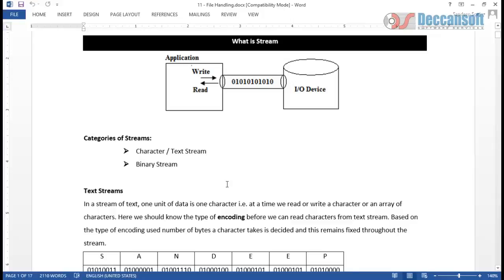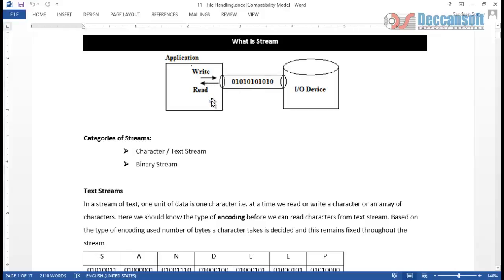So if I say I have a stream like this, imagine a stream is like a pipe through which water flows, but here data would flow. One end of the pipe will be connected to the input-output device, and the other end of the pipe is, let us say, connected to the application.